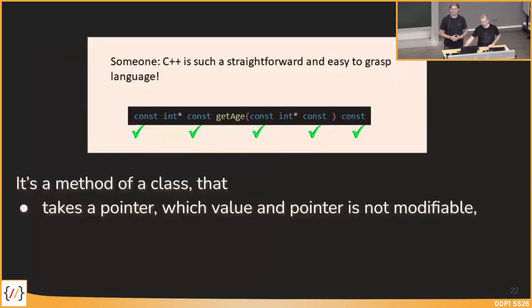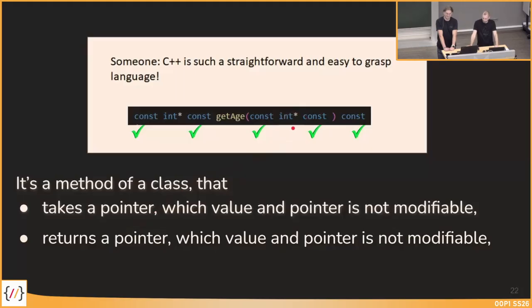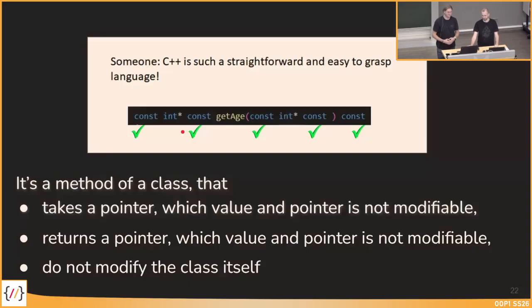So this is basically a method of a class that returns a pointer whose value and pointer are not modifiable, and does not modify the class itself, which is this one. Just for demonstration, of course. Maybe there is no real use case to write a function like that, but from a compiler perspective, it is correct to write it like this.